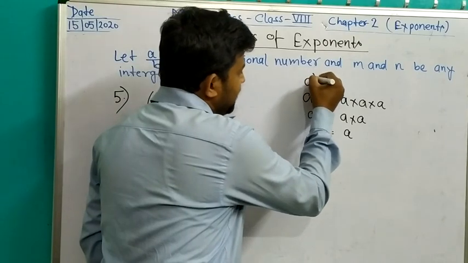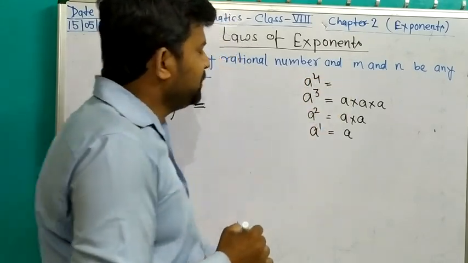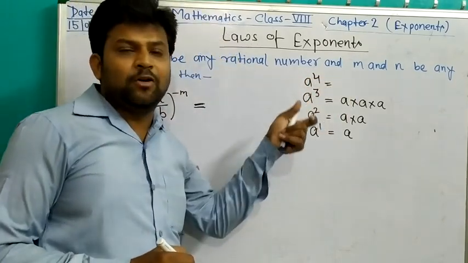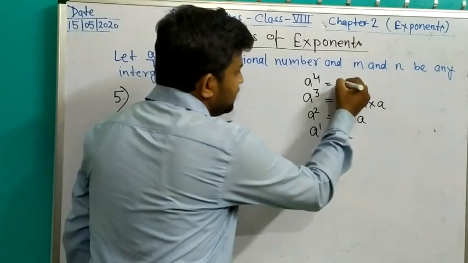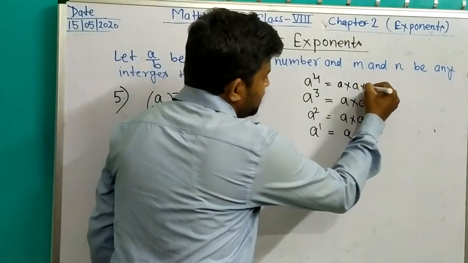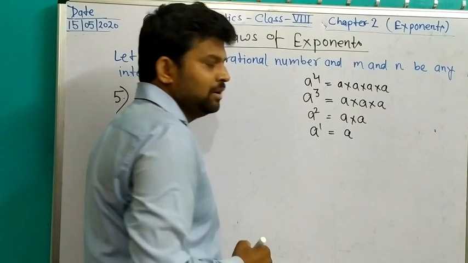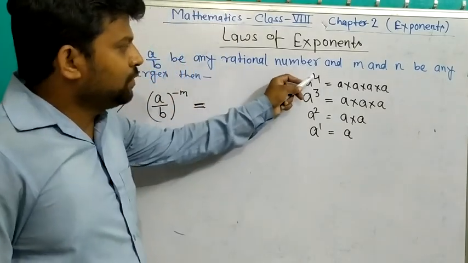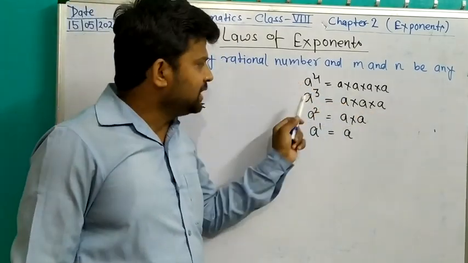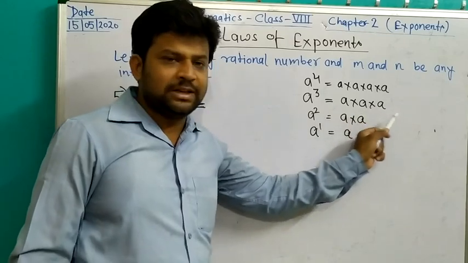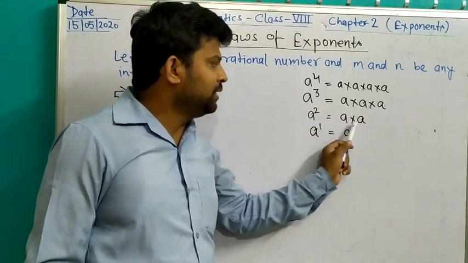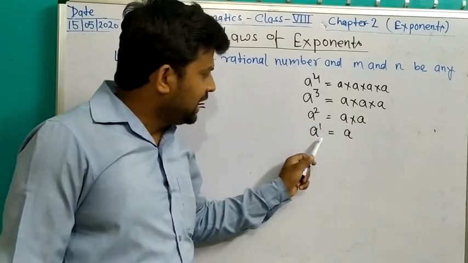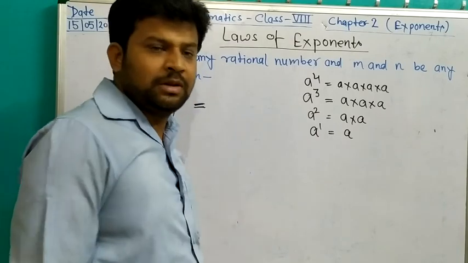And when we write a to the power 4, it means a multiplied by how many times? 4 times. Then a into a into a into a. A to the power 4 equals a multiplied by 4 times, a to the power 3 equals a multiplied by 3 times, a to the power 2 equals a multiplied by 2 times, and a to the power 1 equals a.